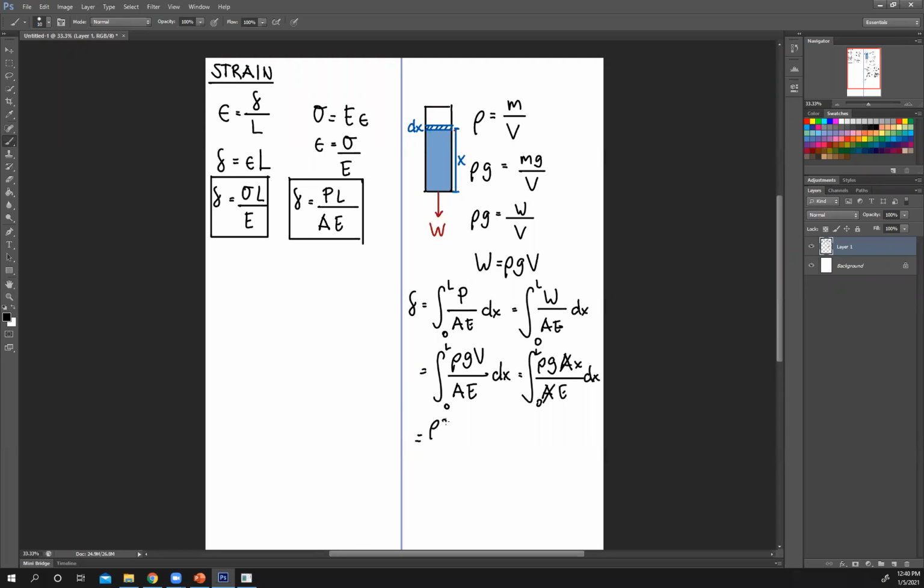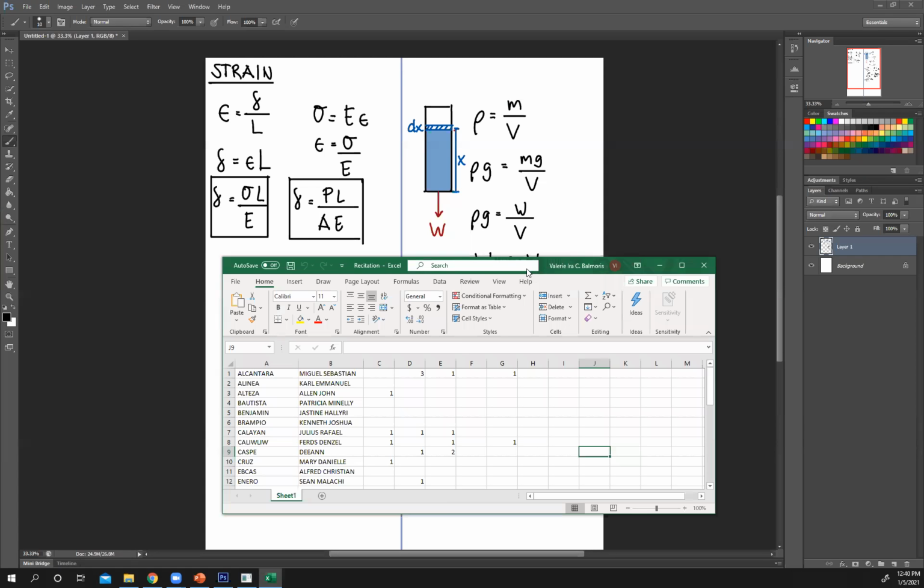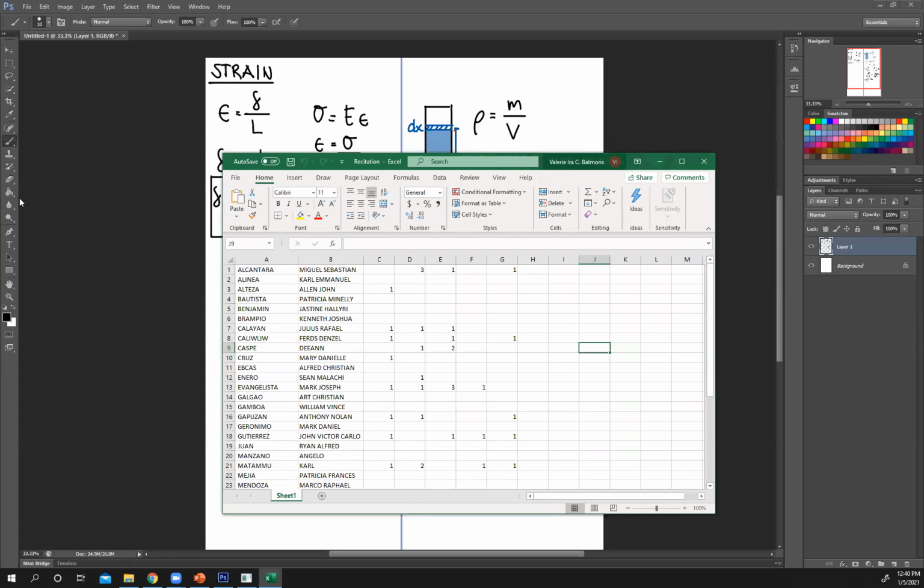Does anyone remember what's the integral of x dx? Anyone? No one? Ang nakakaalala? Nalimutan nyo na integral calculus nyo? Hey, correct, Lawrence. It's x squared over 2.